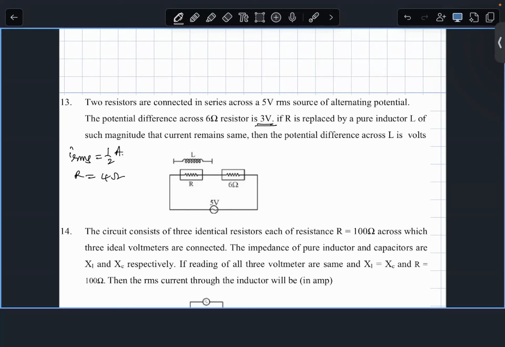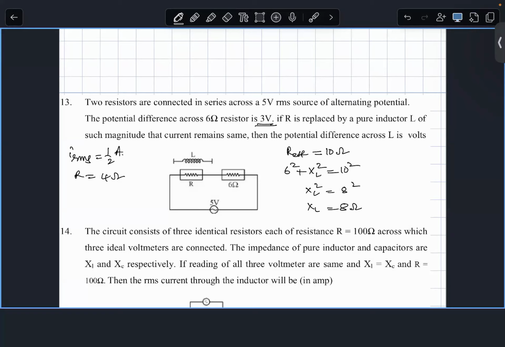Only for pure R. Now R is replaced by a pure inductor L of such magnitude that the current remains the same. What is the total effective resistance now? 4 plus 6, 10 ohms. So 6 square plus XL square is 10 square, so XL square is 8 square, XL is 8 ohm.